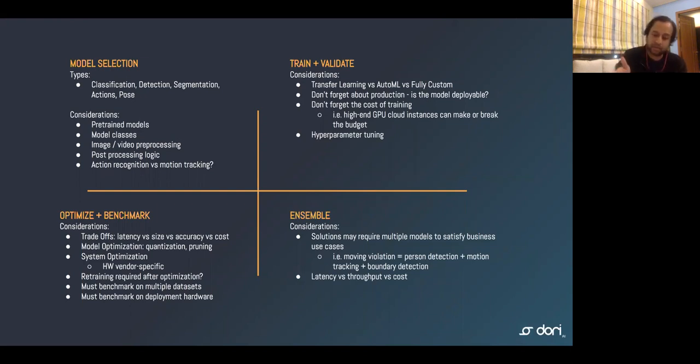You may need to first detect the person, then detect the motion and direction in which they're going, as well as whether they're reaching a certain boundary. For example, in a security or surveillance use case, you may need to detect when a person goes in and out of a particular hazard zone. So that may be a combination of multiple models, but also various post-processing logic that you may need to apply.